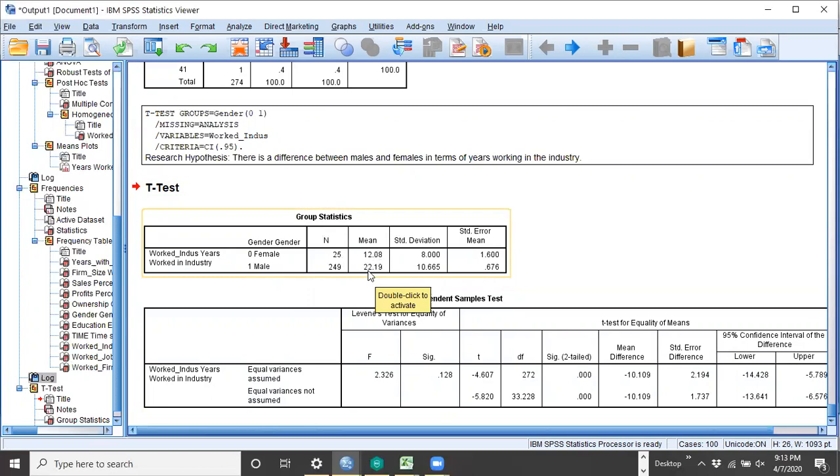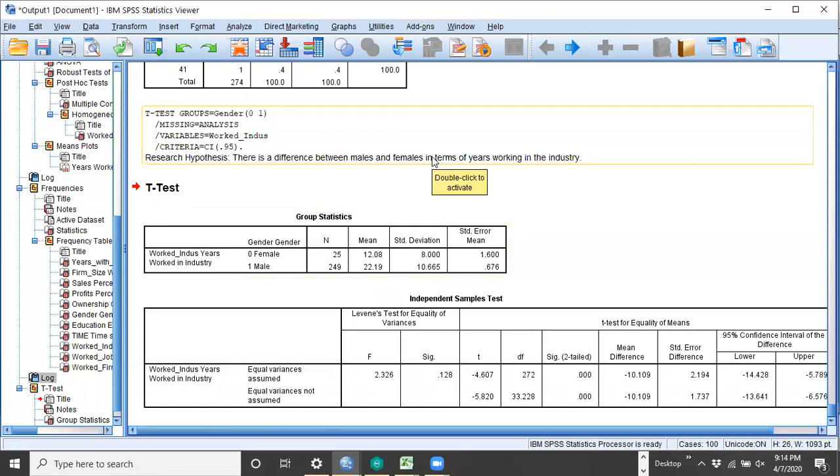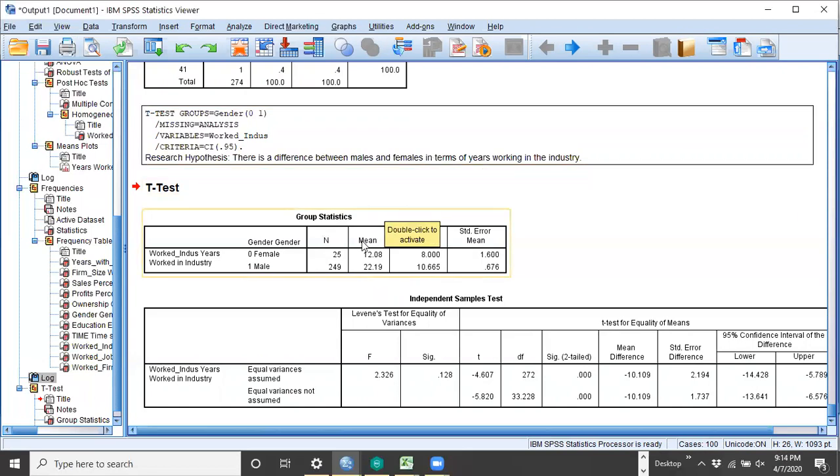It seems that males spend more time and have worked more in the industry than females, so we can continue. If it was opposite, we would not continue. But in our instance, we have a hypothesis there is a difference. And so it appears to be a difference, but we cannot make this conclusion until we actually run the test.